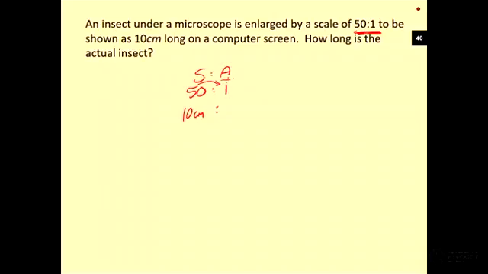How do I get from left to right? I divide by 50. 10 centimetres divided by 50, well, that ends up 1/5 or 0.2 if you go to the calculator. Doesn't matter whether dealing in fractions or decimals. It's 0.2 of a centimetre. Times 10, 2 millimetres. That's all good.